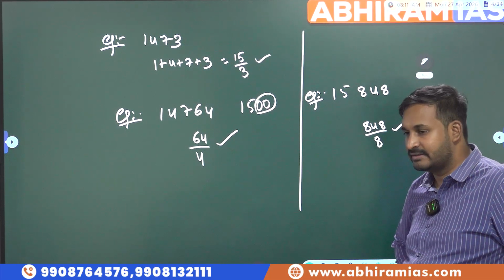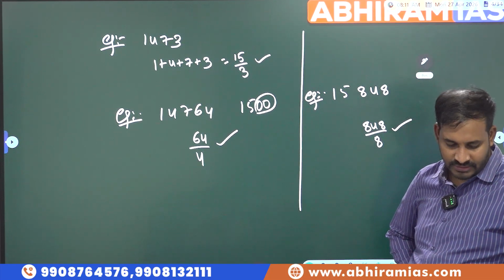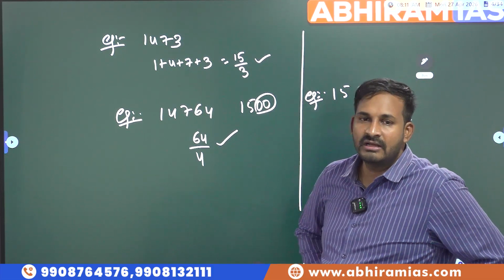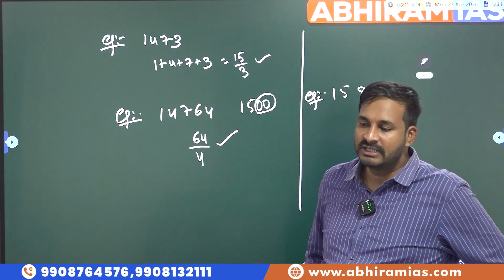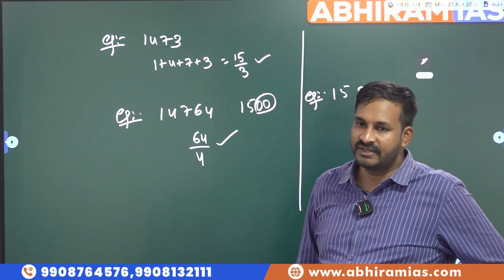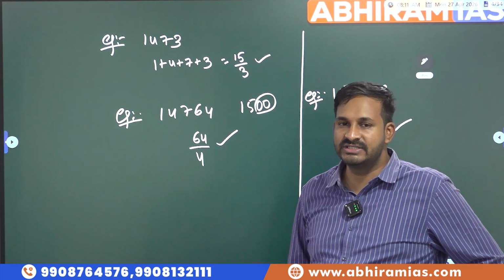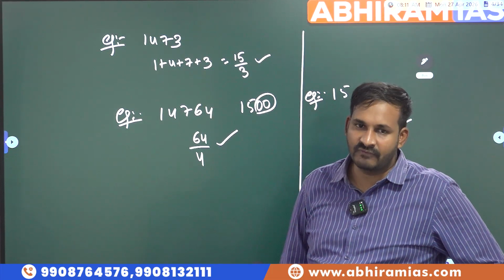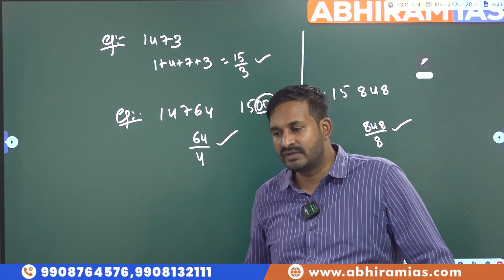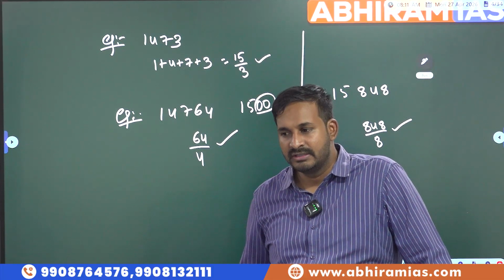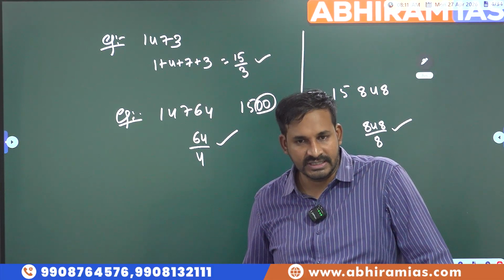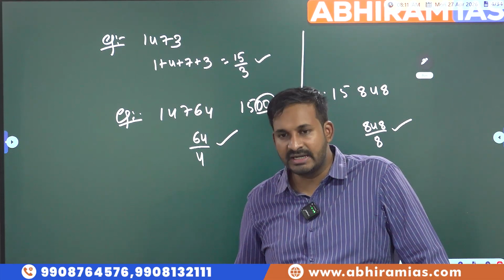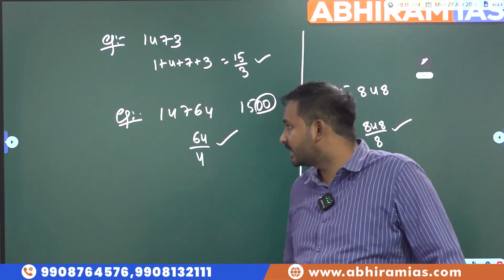Next, rule for 9. This one is also very, very important. Similar to 3, if the sum of the digits of the given number is divisible by 9, then the number is divisible by 9.